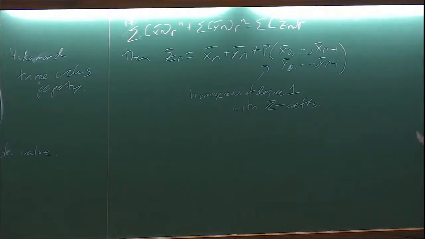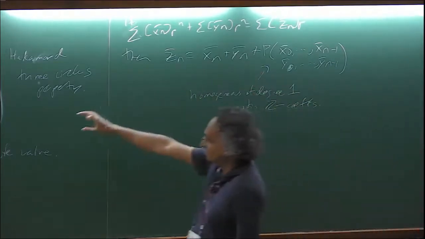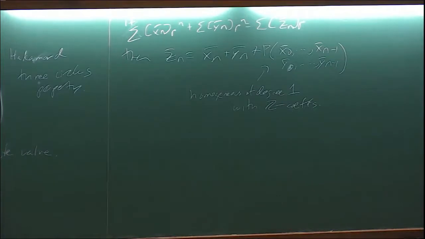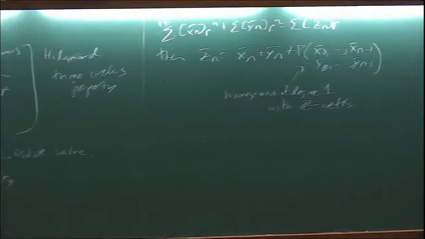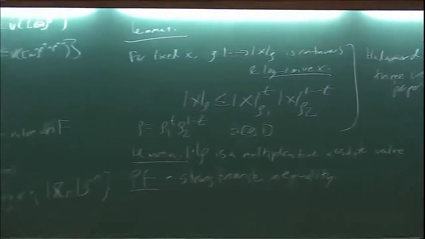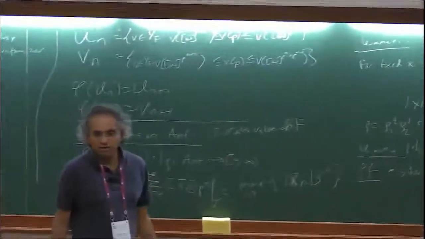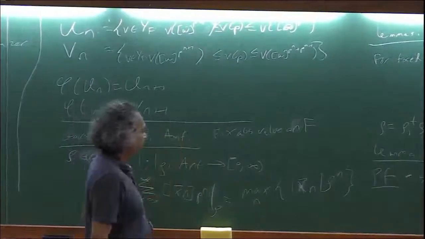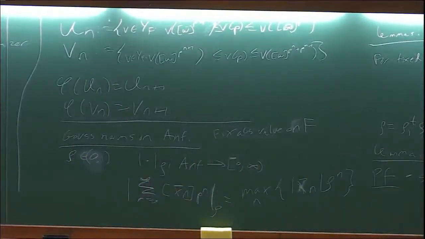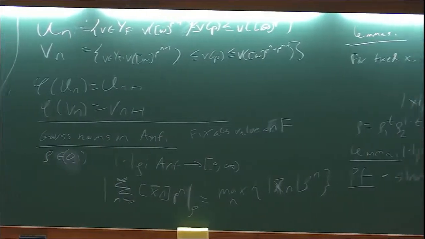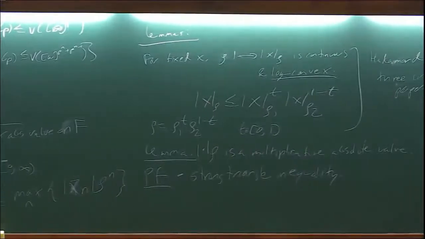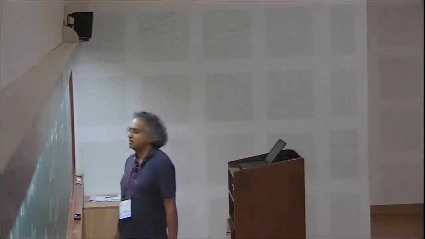And so if you just stare at what the formulas are telling you, this is really all you need to know in order to check the strong triangle inequality. You check term by term that this thing is bounded by what it's supposed to be bounded by. And the point is that because this is homogeneous, it doesn't hurt you. So that's about all I want to say about the addition.